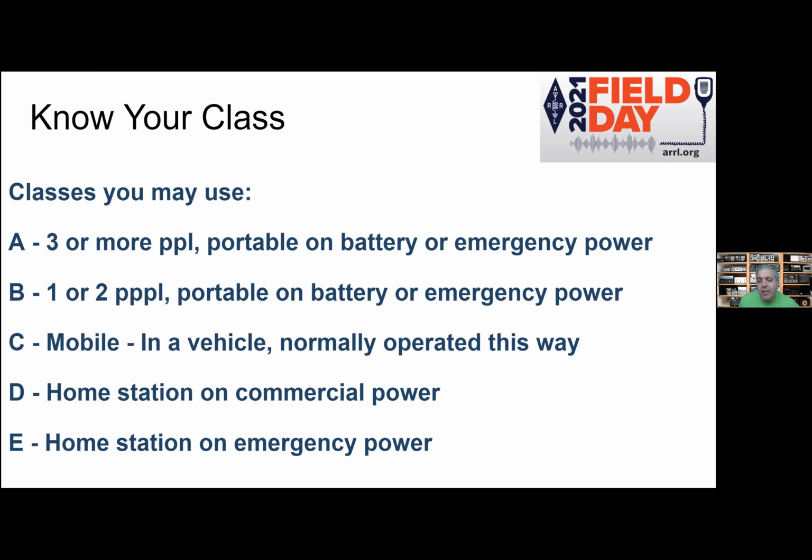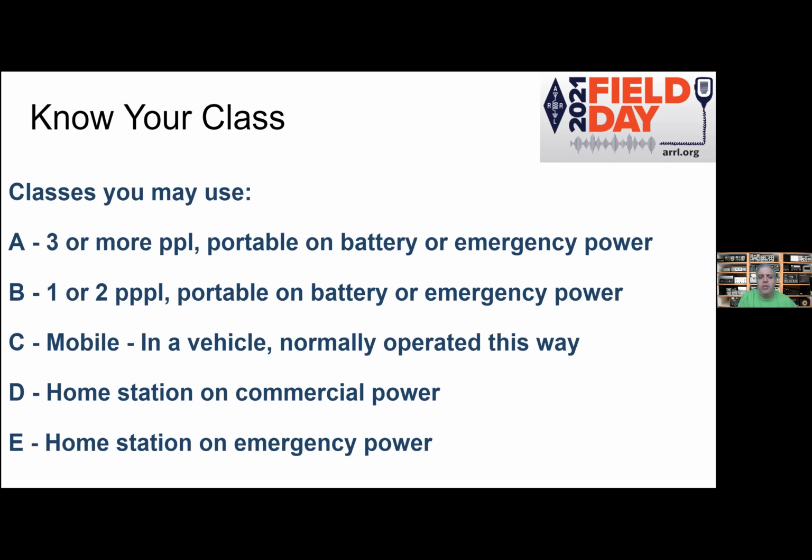Actually, what mobile means is if you have a permanent radio and antenna set up in your vehicle, and you normally drive around and use this radio, and you're not really changing much, if anything, for Field Day, then you're a C. You're probably a 1C, unless you have two transmitters going at once in your car. So that's mobile.